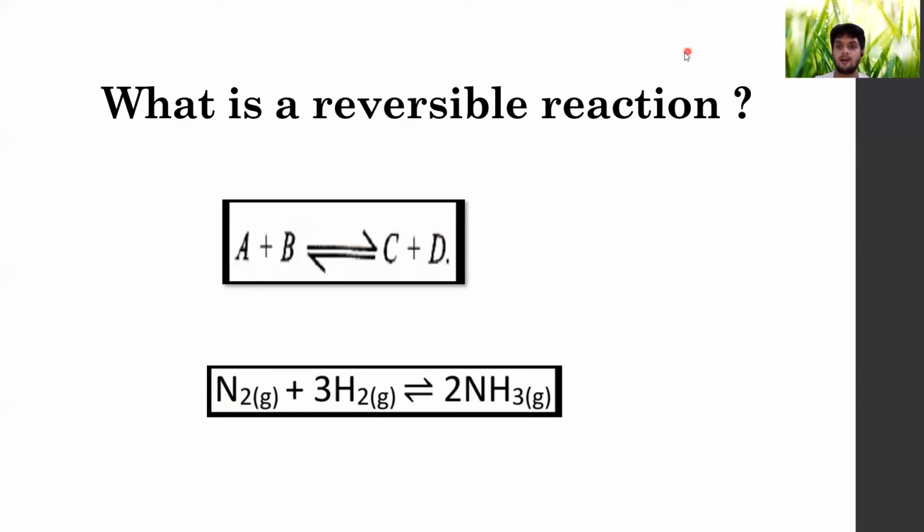So this is the ideal example for a reversible reaction. Be mindful of these half arrows. You are representing a half arrow, you're not representing full arrows. Half arrows pointing in opposite directions.